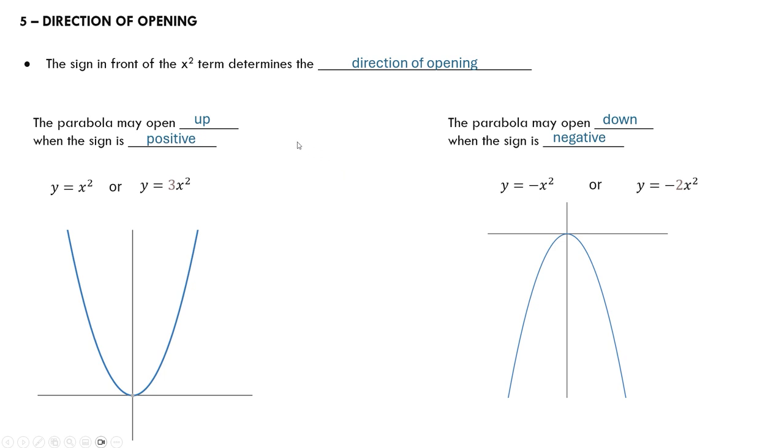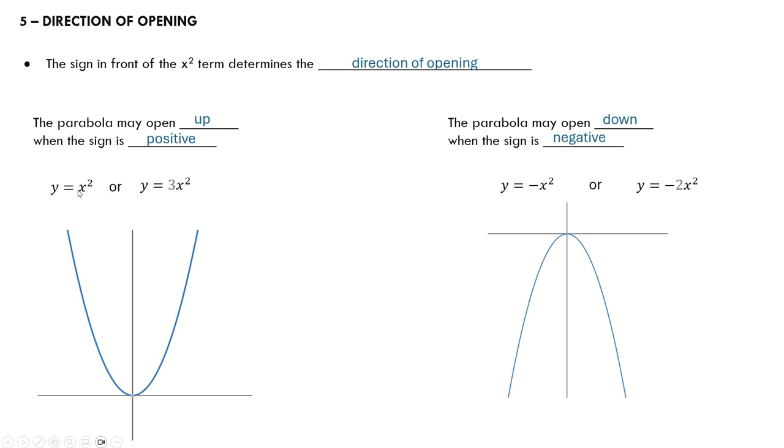The sign in front of the x to the exponent 2 term determines the direction of the opening. So if this is a positive value, in this case, x to the exponent 2 would have a value of positive 1. Negative x to the exponent 2 would have a value of negative 1. So in this case, we have an example of y equals x squared.